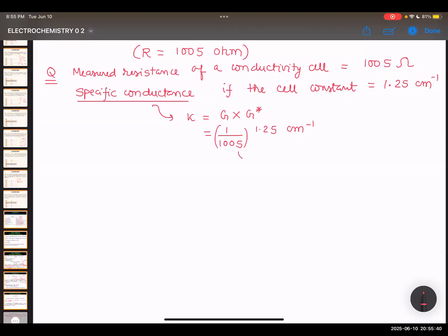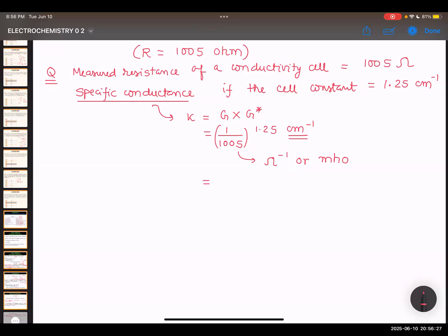The unit of this, because it is the reciprocal of resistance, is 1 upon ohm. So ohm inverse, or you can invert the spelling of ohm, mho, MHO. Got it? Or you can write S, and this has the unit of per centimeter.